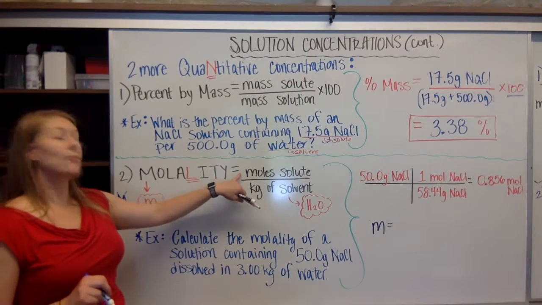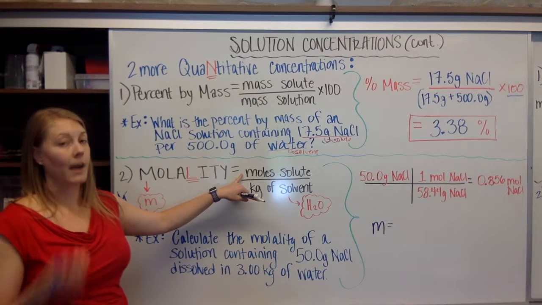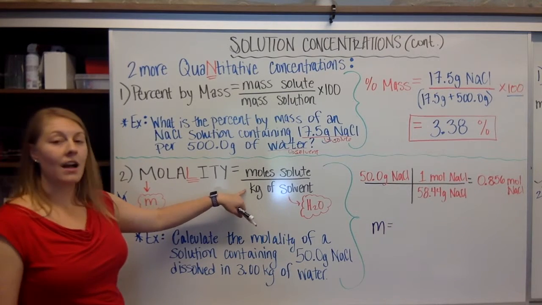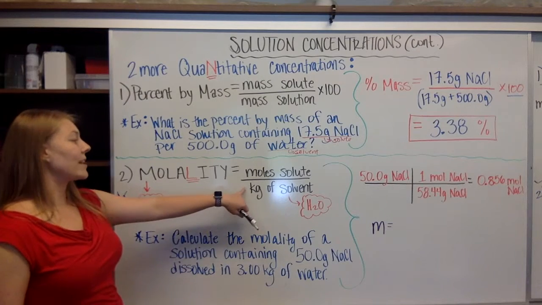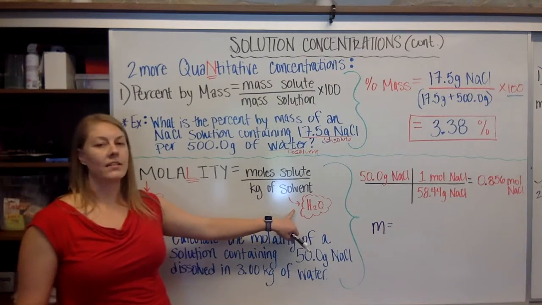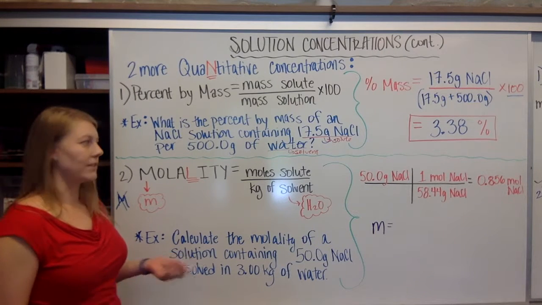Molality is still moles of solute, just like molarity was, moles of solute on top. But in the denominator, we have kilograms of solvent, okay? So we have to have kilograms of solvent. The solvent here for our solutions is water, most often.